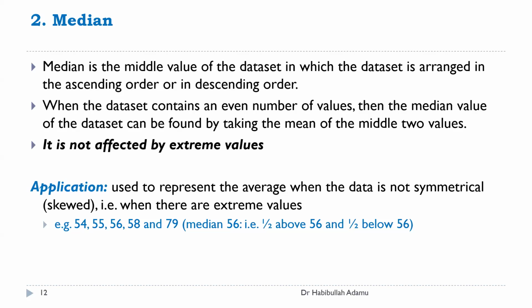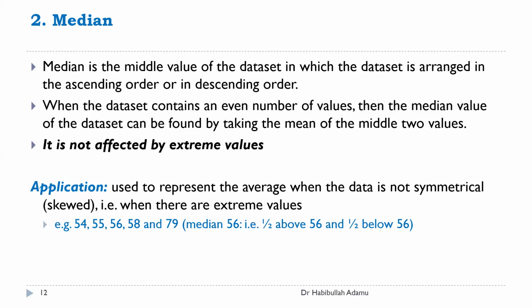So if we are to calculate the mean of this, we have 7, 10, 16, and 21. So that is 21 over 5. I just want us to appreciate this difference.